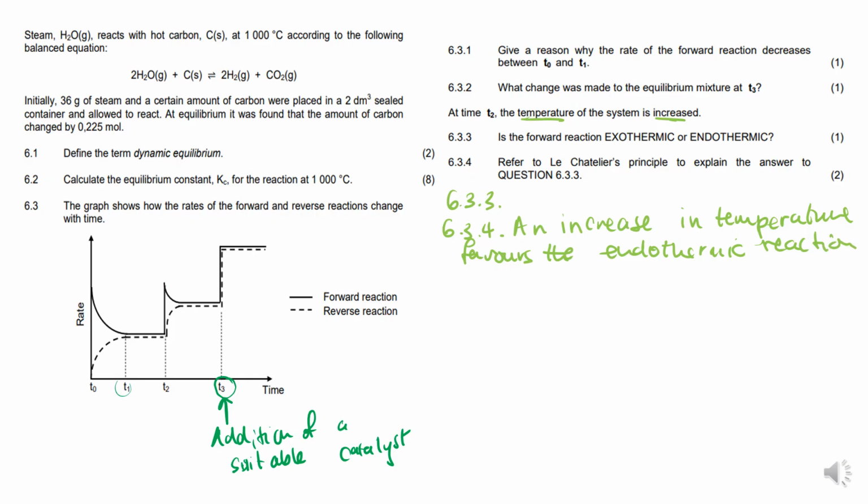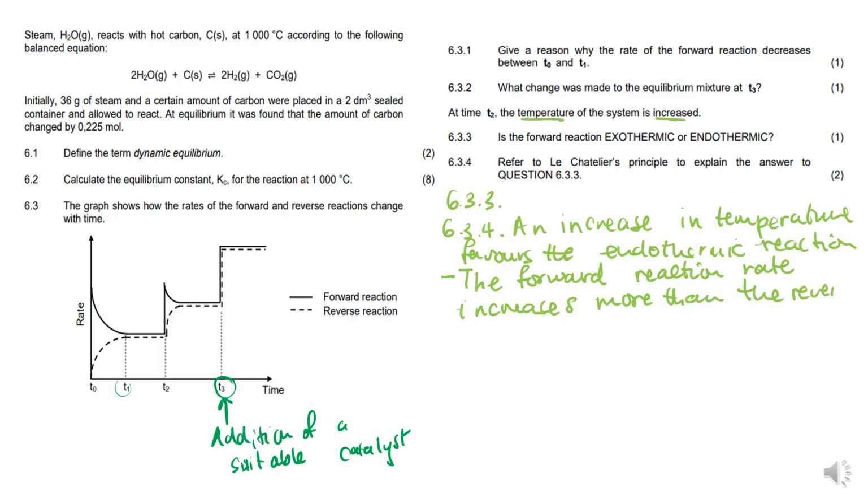And then if you look at this graph, which reaction is favored? The forward reaction. Refer to the graph: the forward reaction rate increases more than the reverse reaction rate. So what does that mean?